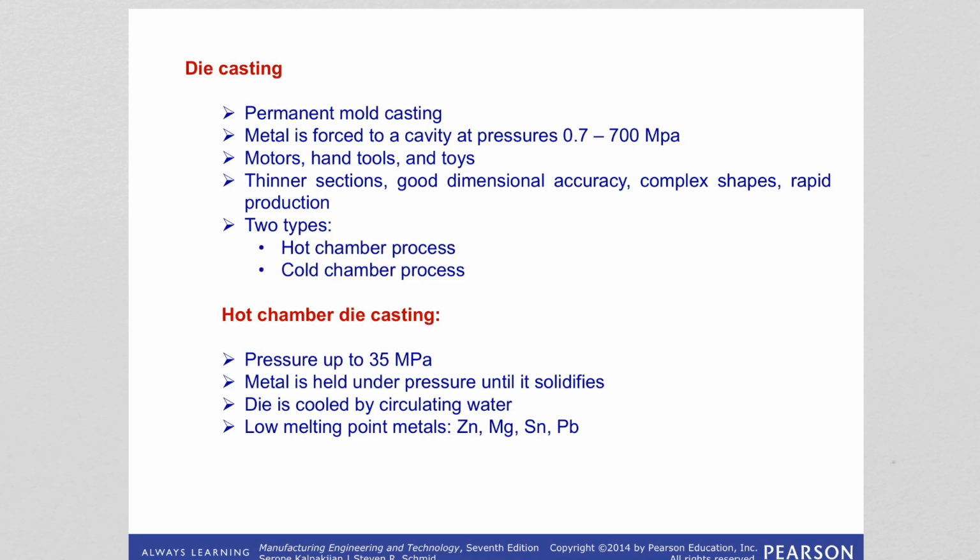This process is suitable for low melting point metals because the parts involved in this technique are submerged in the molten metal. Therefore, we don't want them to degrade the metals being used in the production. So the low melting point metals and the metals that do not chemically attack the mechanical components can be cast. These are zinc, tin, lead, and sometimes magnesium.